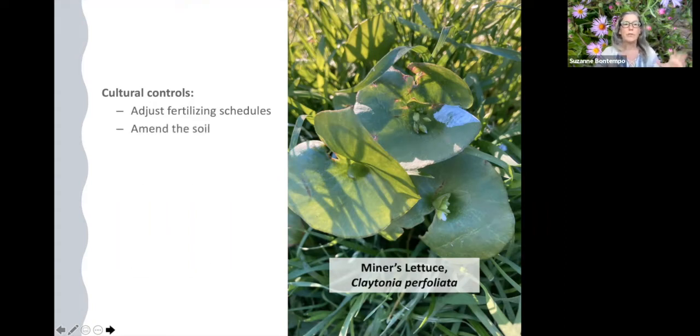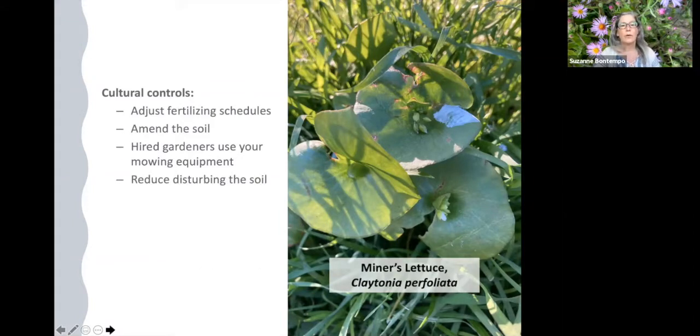We're going to consider amending the soil to increase water holding capacity or to help with compaction. We're going to offer our own mowing equipment to our hired gardeners. We're going to reduce disturbing the soil whenever possible.